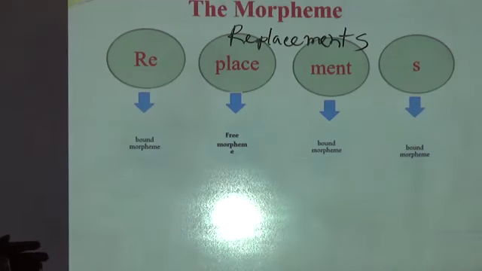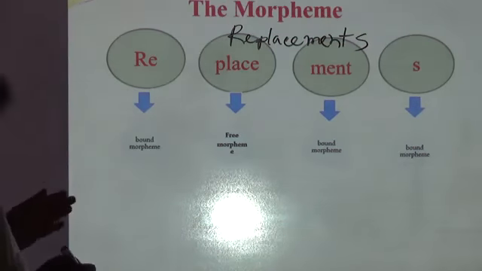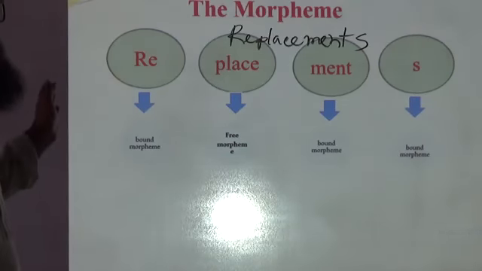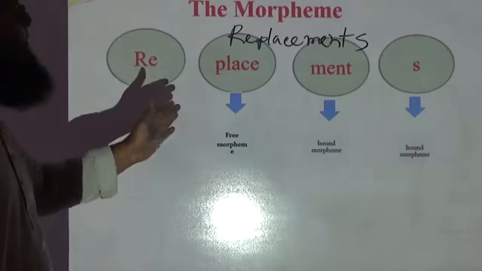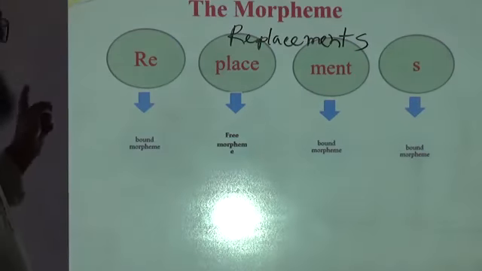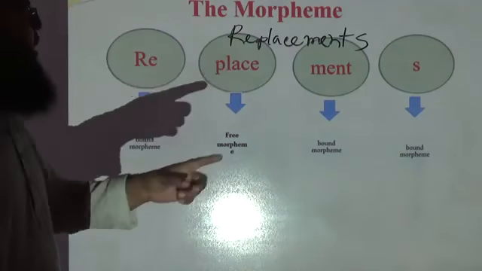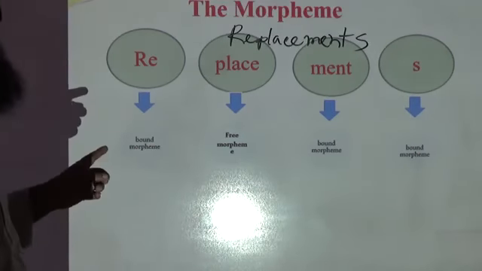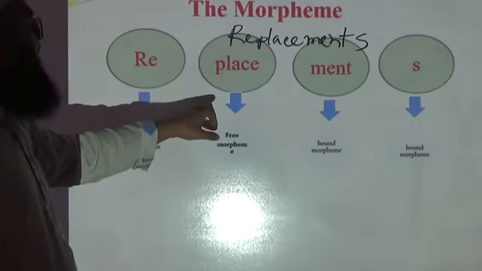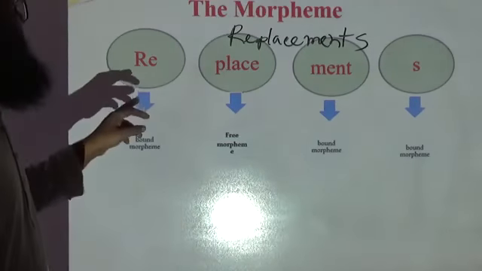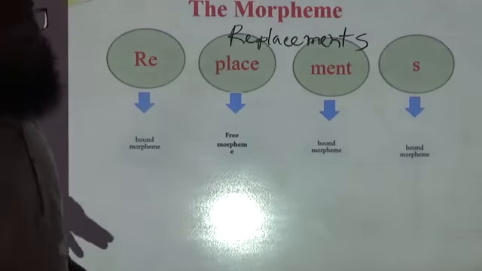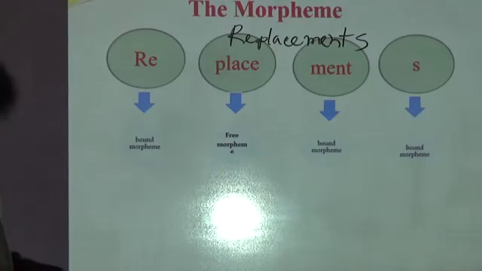If I divide it into the smallest units of the word replacements, I get re, place, ment and s. Here you see among the four morphemes, only one can make a meaning, place. Place means jaga, but re, ment and s cannot make a meaning.